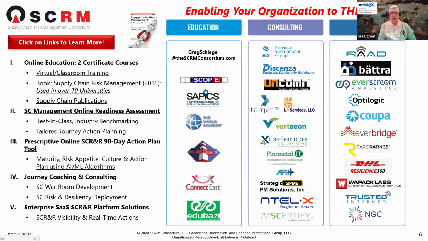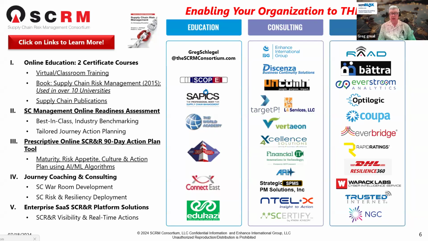We have 2 online assessment tools. One is called Supply Chain Management Readiness Assessment. That evaluates your supply chain process maturity and inherent risk. We'll talk about that today. The other one is a little newer. That's prescriptive online supply chain risk and resiliency. That gets into taking a look at your maturity, your risk appetite, and your risk culture.